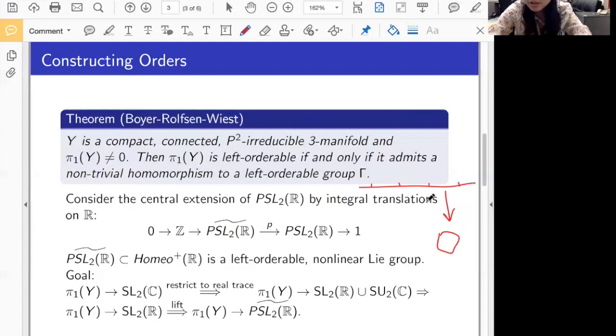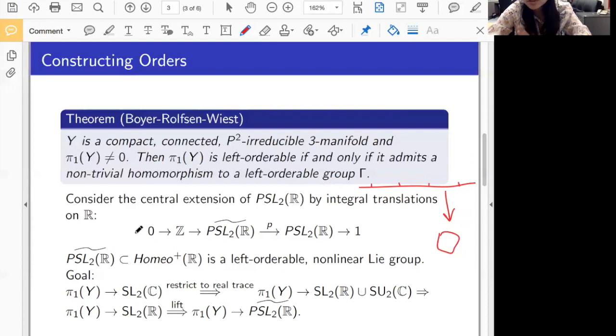And this action on the real line defines the group PSL2R tilde. Okay. So PSL2R tilde is left orderable because it acts on the real line by orientation preserving homeomorphisms.